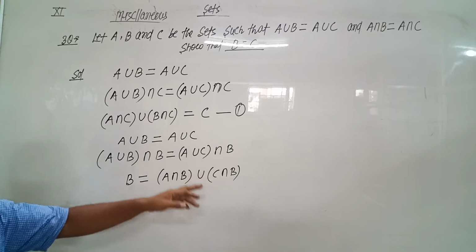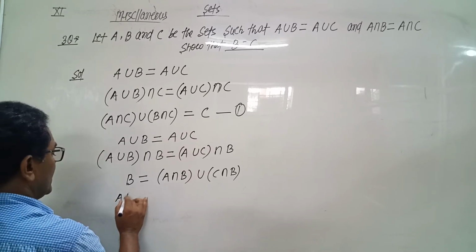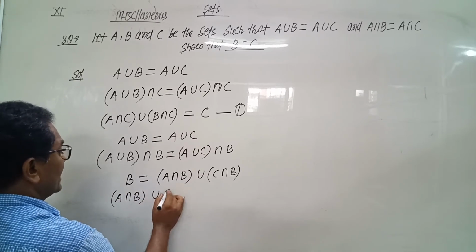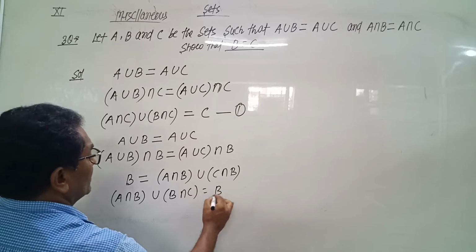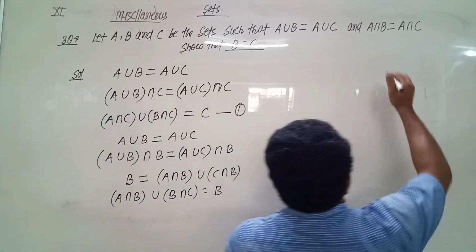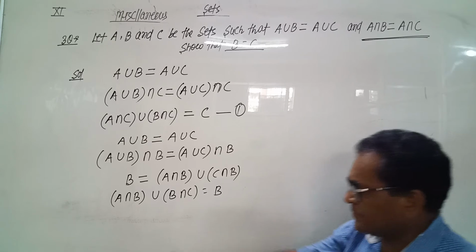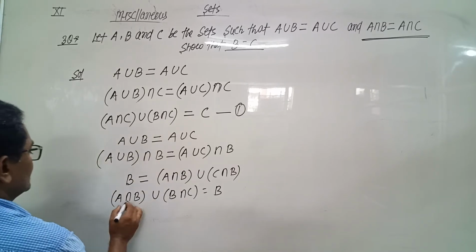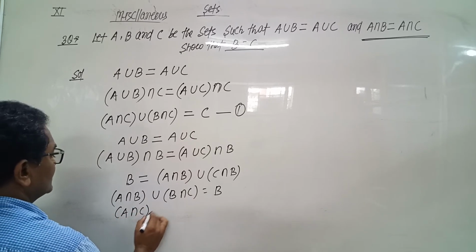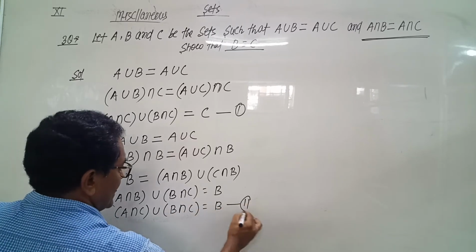On the right side we use the distributive law, and this can also be written as (A intersection B) union (C intersection B), which is B intersection C, equals B. But we are given that A intersection B is equal to A intersection C. So in place of A intersection B, we can write A intersection C. So here we write (A intersection C) union (B intersection C) equals B, and name it the second equation.